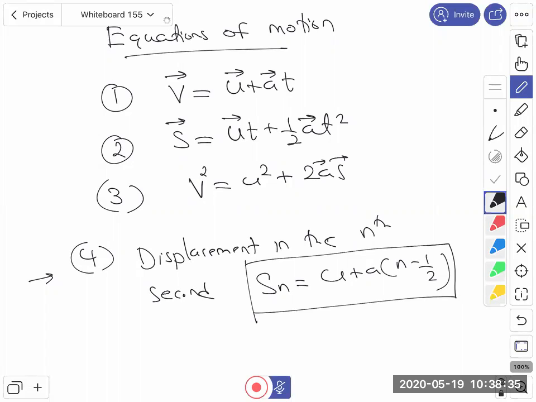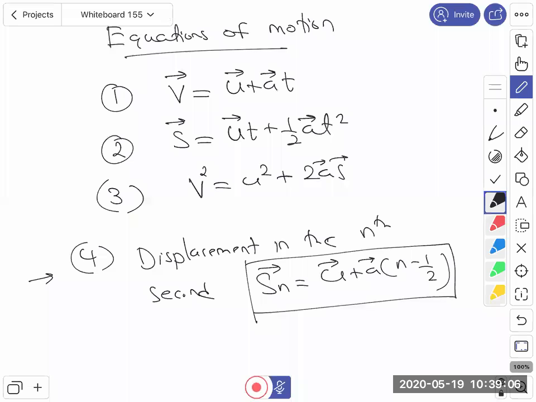So is there no vector symbol on top of the v square and u square? Yes, definitely it will have. Can you derive these equations?